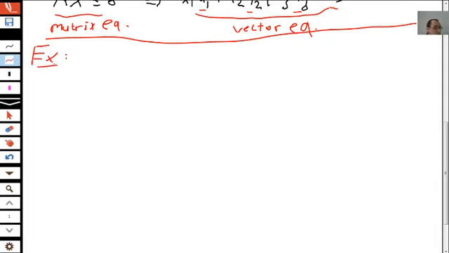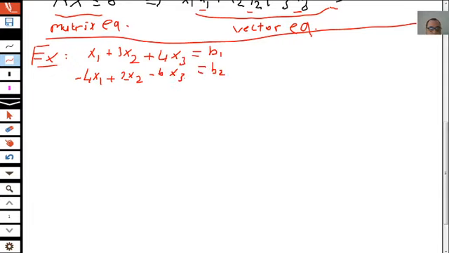We have three linear equations: x1 plus 3x2 plus 4x3 is equal to b1; minus 4x1 plus 2x2 minus 6x3 is equal to b2; minus 3x1 minus 2x2 minus 7x3 is equal to b3.